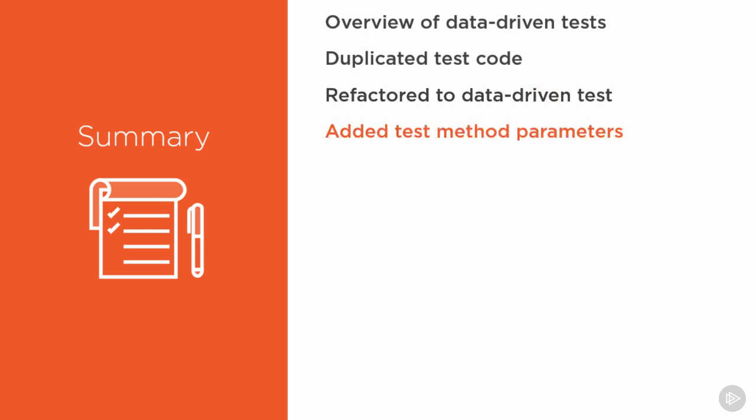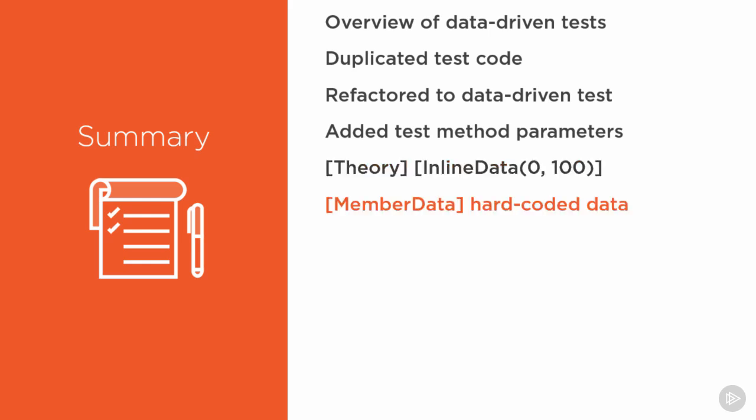To do this, we added test method parameters, and then we applied the Theory attribute and also the InlineData attribute. We learned that for each additional InlineData attribute that we apply, we get another execution of the test method. We saw that if we want to share test case data, we can't do this using inline data, but we can use member data instead.